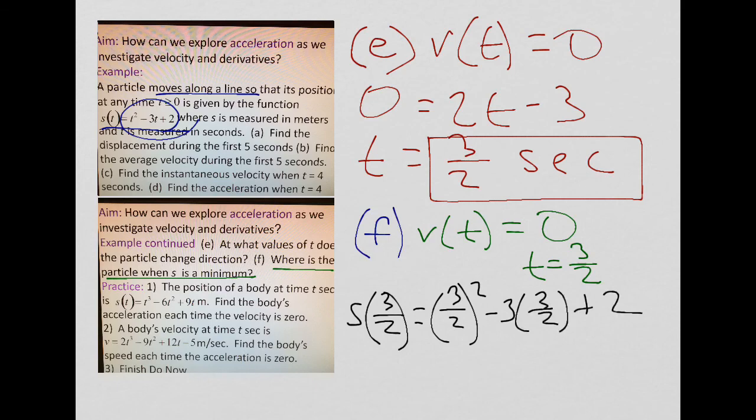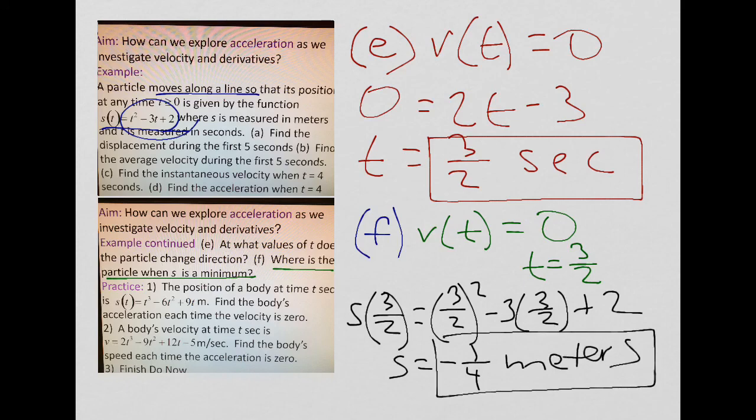Okay, so if we simplify this, we get -1/4, and this would be in meters for this problem. And that's our answer, okay? That's where it is for us. So our position is at -1/4 meters.